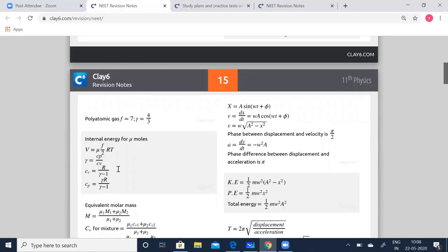So Cv is equal to R by gamma minus 1, where Cv is the specific heat capacity at constant volume and Cp is the specific heat capacity at constant pressure, and Cp is equal to gamma R by gamma minus 1. Note the difference.